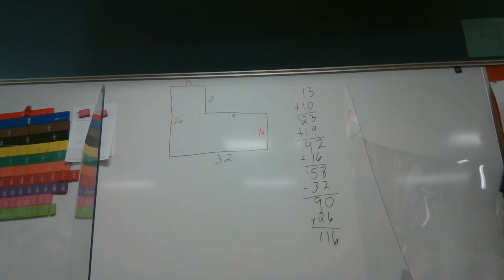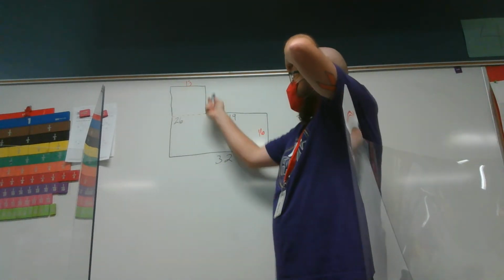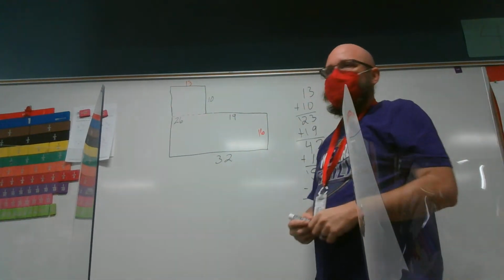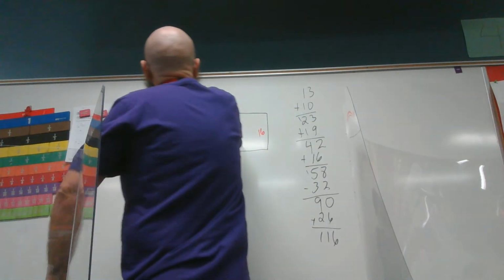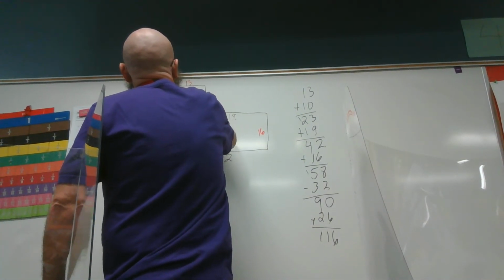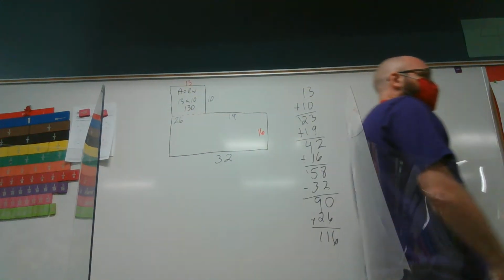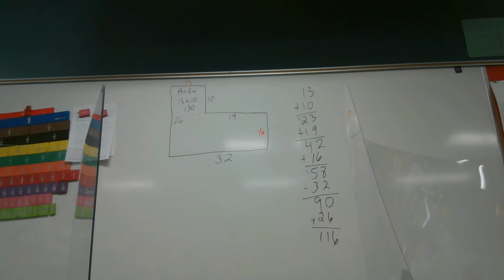Let's look at this rectangle here. What's the length and the width? 13 and 10. So area equals length times width, that's 13 times 10. That's 130. So that little rectangle, the area is 130.